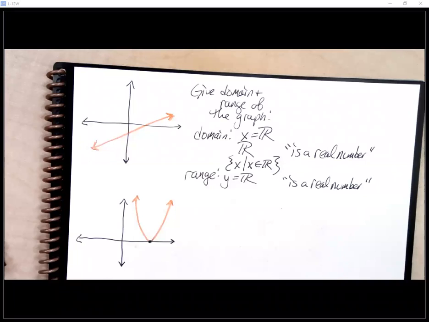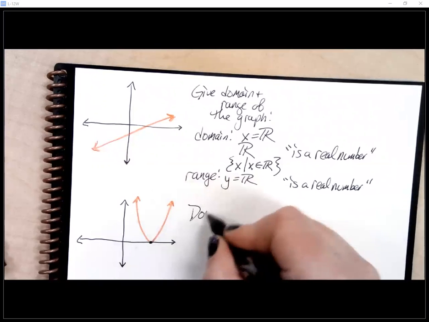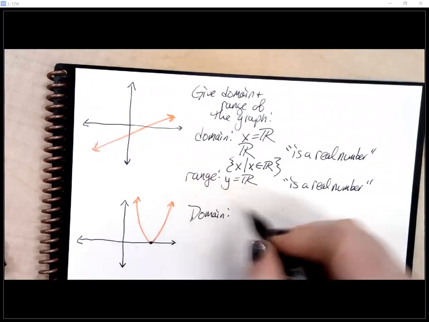Does that make sense? Are you with me? So when I just have a continuous graph that's going on forever in both directions, my domain is again just going to be all reals. So our domain here, x, is all reals.